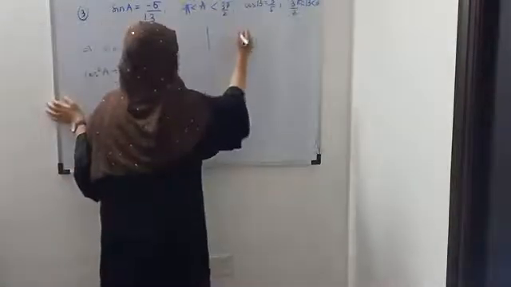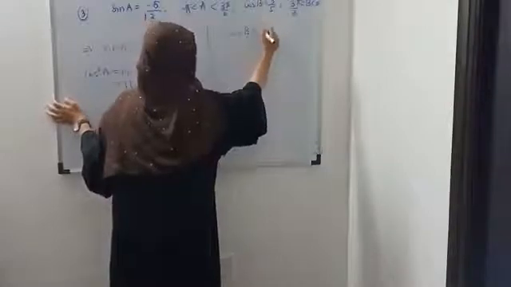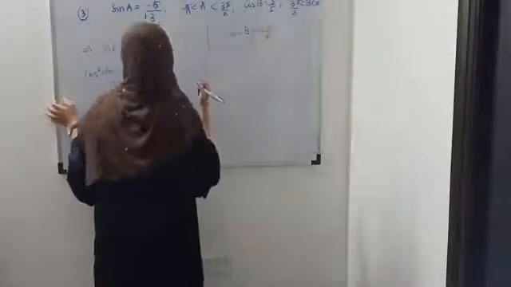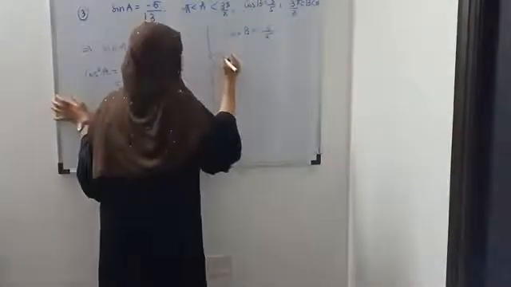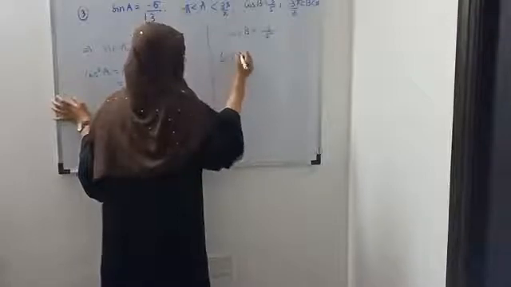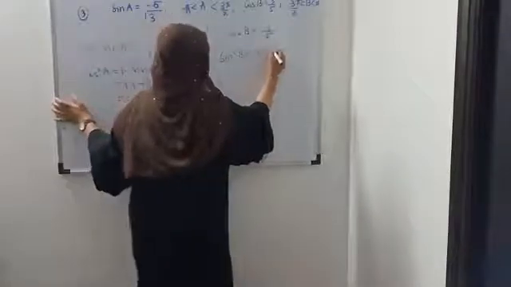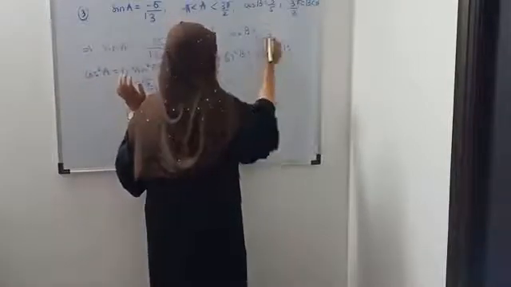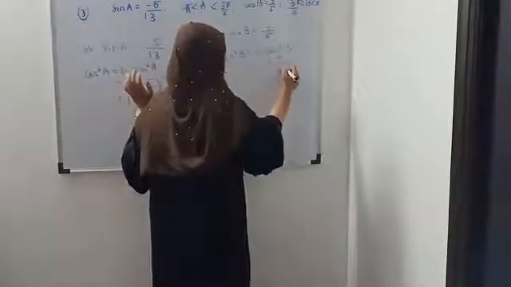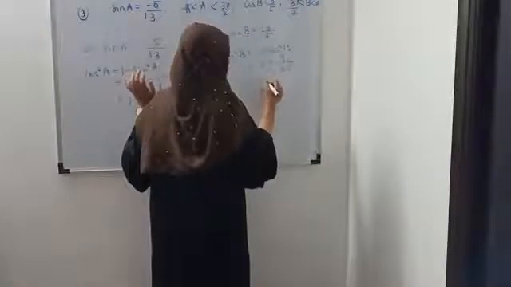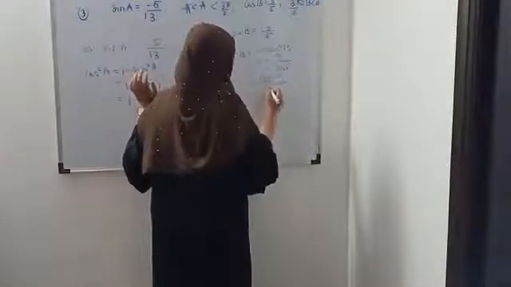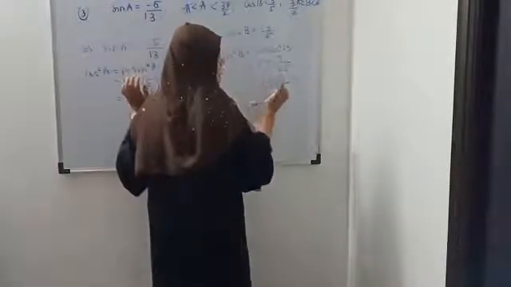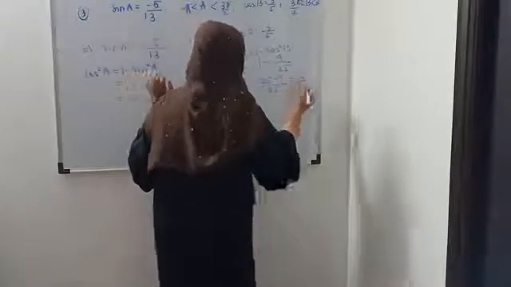So here cos B is given as 3 upon 5. From here you can also find out sin B. So sin square B is 1 minus cos square B, which is 1 minus (3 upon 5) whole square. So it is (25 minus 9) divided by 25, which is 16 upon 25.